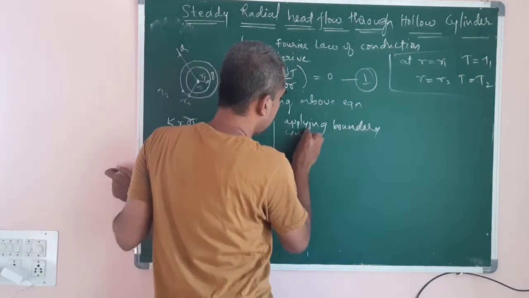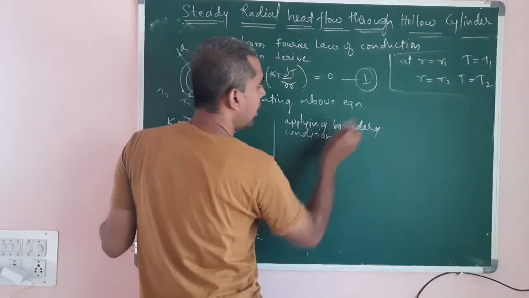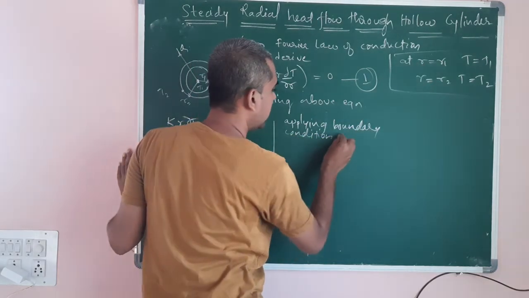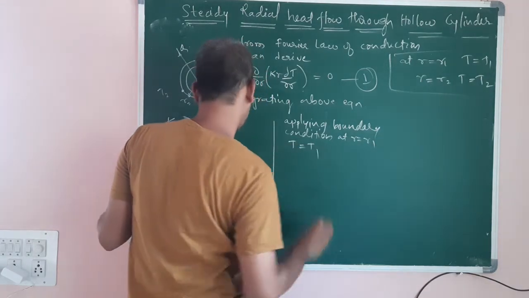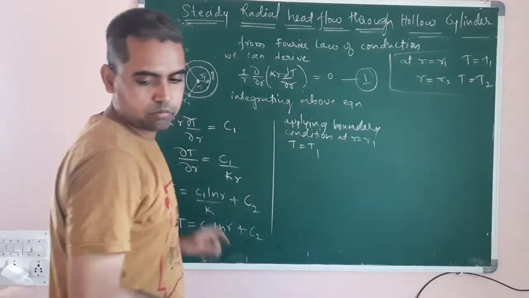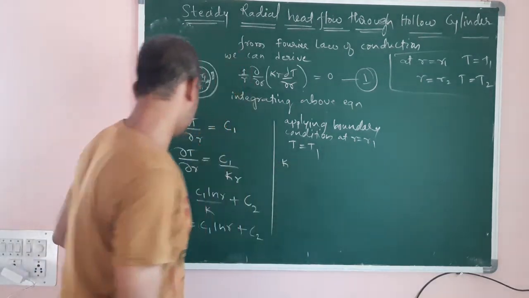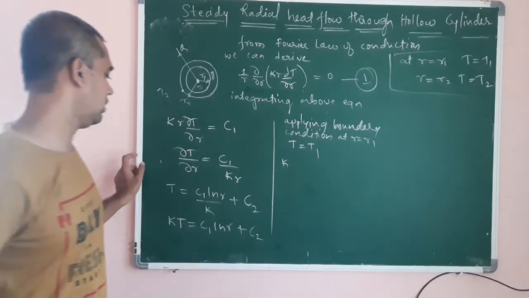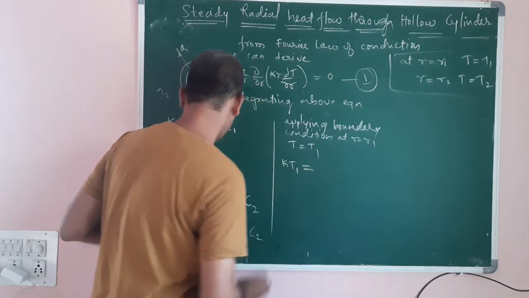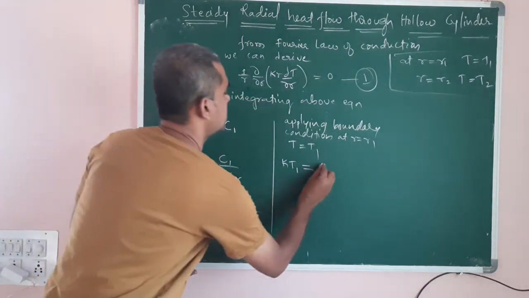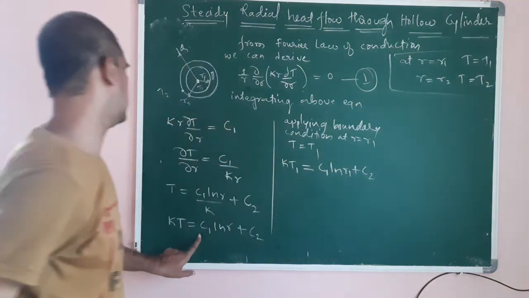Applying boundary conditions, first boundary condition: at r equal to R1, T equal to T1. If I substitute that here, what will it become? It will be kT1 is equal to C1 ln of R1 plus C2. Okay, this is that equation.